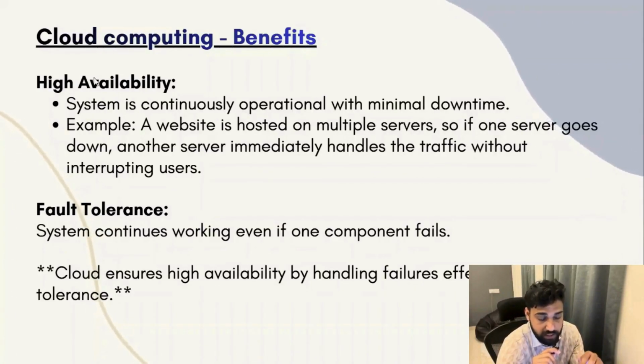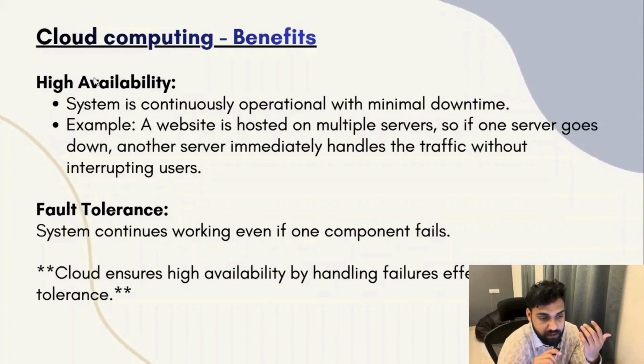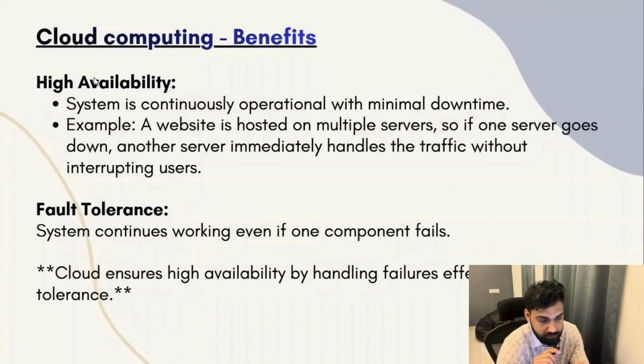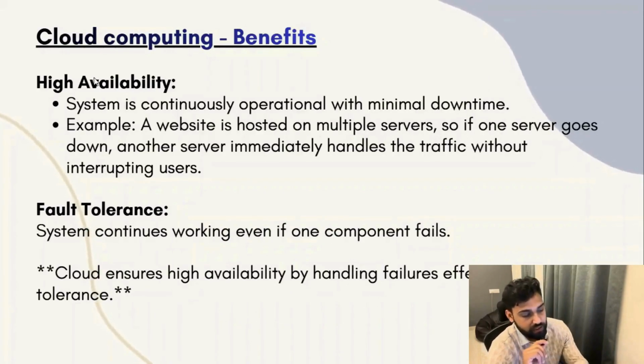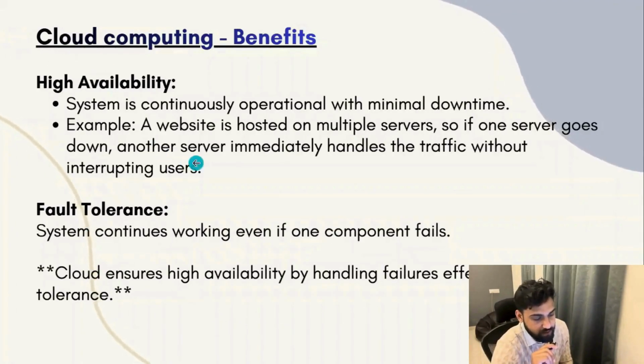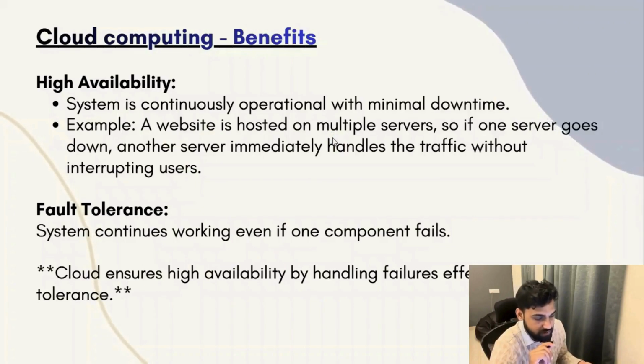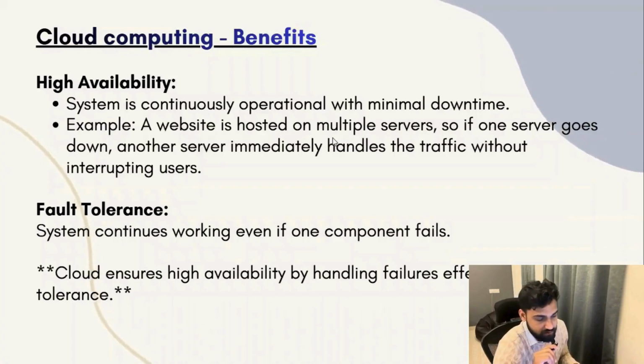But when you are buying from the cloud, the cloud provider will ensure that their servers will always be available for you. You can host a website on multiple servers, so they provide high availability. Whenever any server goes down, your work will shift to another server, and that server will handle your requests.